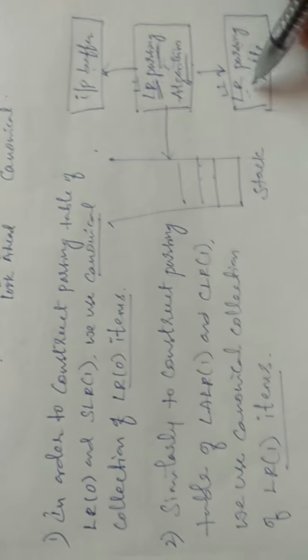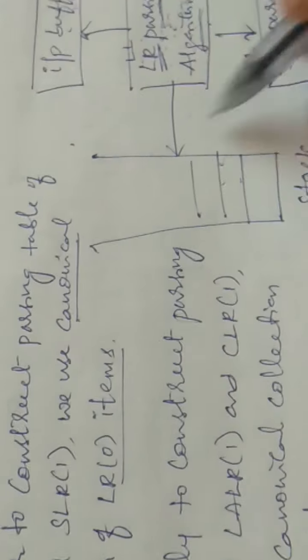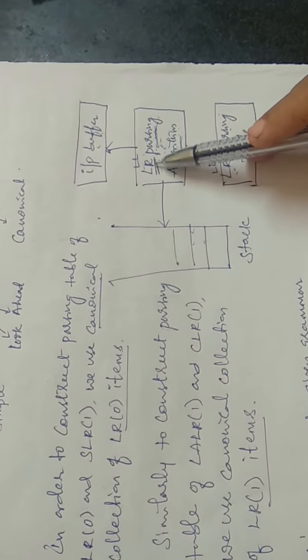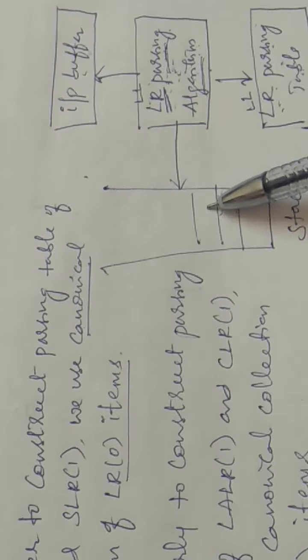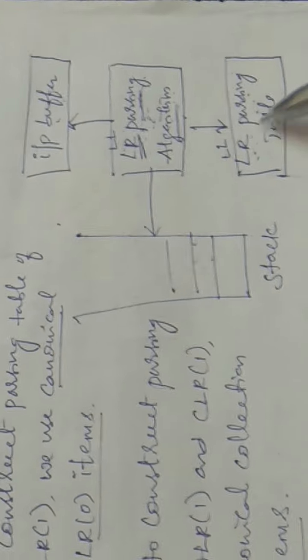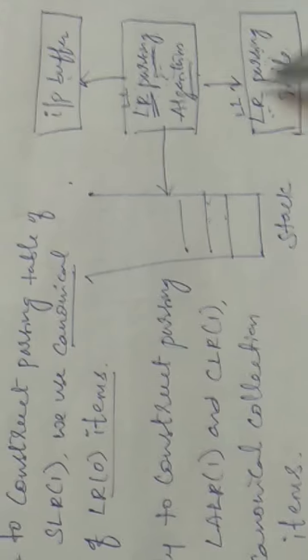So if I write LL here, it becomes an LL parsing algorithm, and then you have to change the parsing table to the LL parsing table as well. If I write LR, it becomes the LR parsing structure. So for either an LL or an LR parser, the input buffer and stack will be common, and only the parsing table changes slightly.